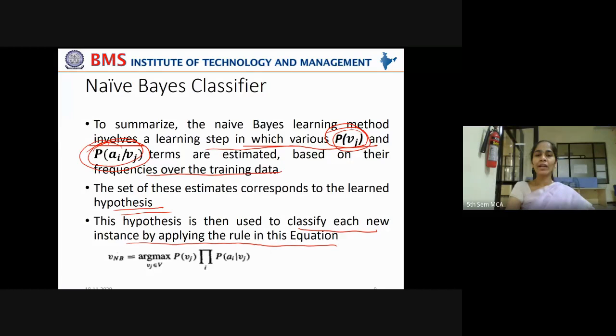Once you are given a new instance, you can find the probability of each of those attribute values with the outcome value and multiply all of them, and you further multiply it with the probability of the outcome variable, and wherever the probability is maximum, that will be the classification label.